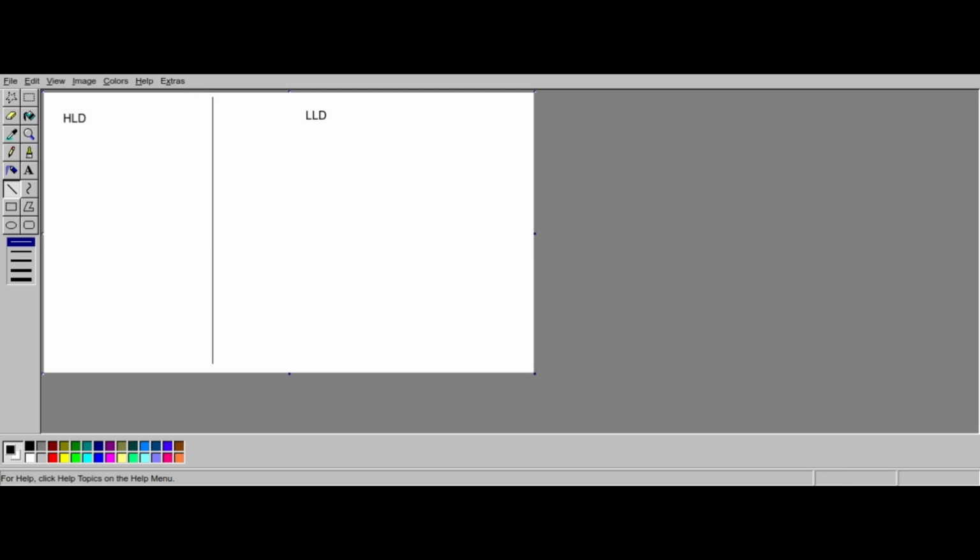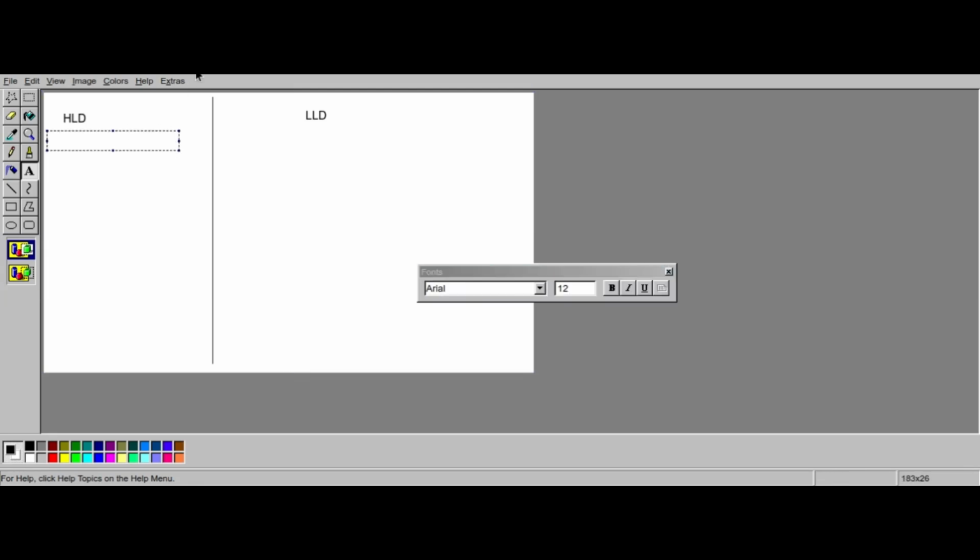What is the purpose of high level design? It provides an overview of the system architecture and components. And low level design details the implementation of individual components and modules. So first here will be the architecture and components.